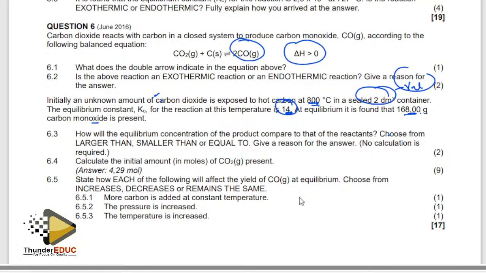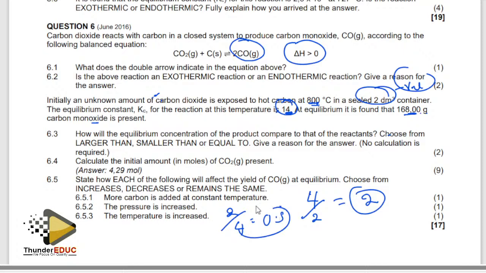Let me give you an example. If the product is 4 and the reactant is 2, the answer is gonna be 2. Now if the product is 2 and the reactant is 4, what is the answer here? The answer is gonna be 0.5.